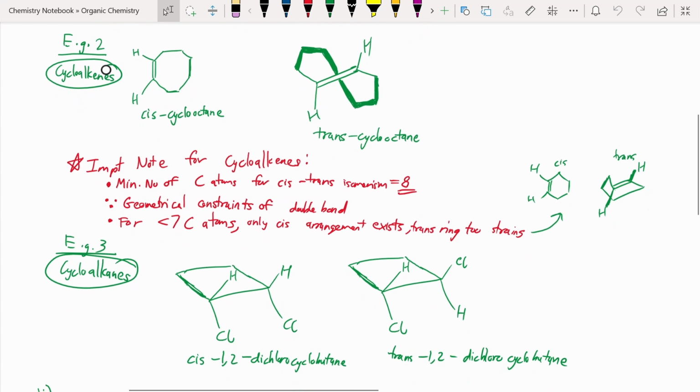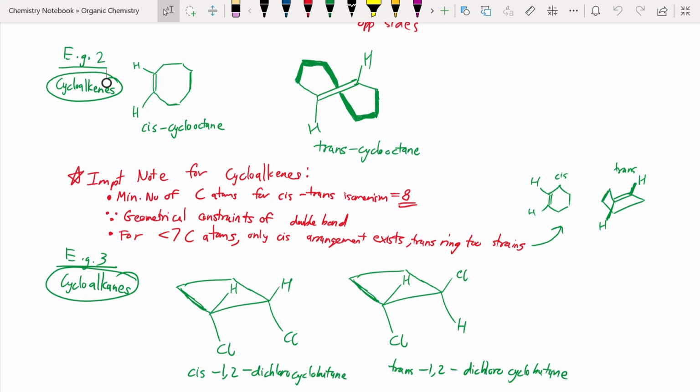One important thing to note is that for cis-trans isomerism in cycloalkenes, they must have 8 carbon atoms because of the geometrical constraints of a double bond. It means that if you have less than 8 carbon atoms, you only can have cis arrangement but not a trans arrangement.